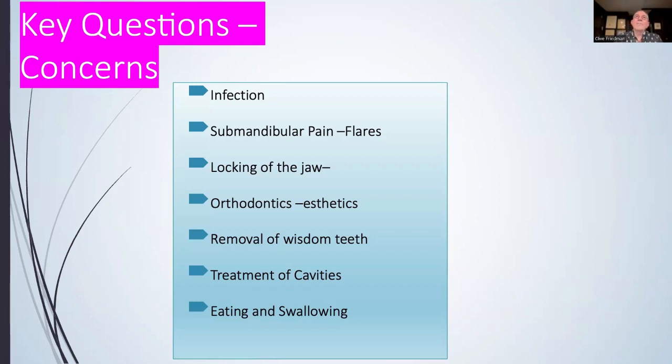Is that an important part of an individual's health? When do we recommend the removal of wisdom teeth, and do we recommend it? What do we do about treatment of cavities? And are there options that we can do with individuals so that we can minimize the invasivity of what happens? And part of oral health is our ability to eat and swallow as well. So we shouldn't forget about the impact of eating and swallowing.